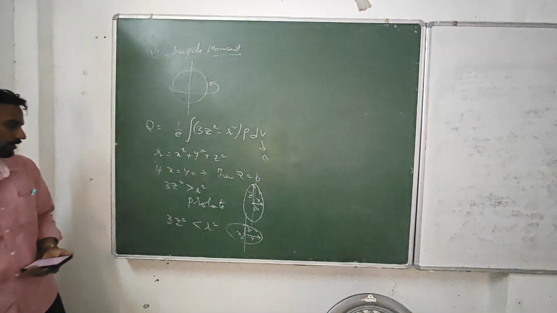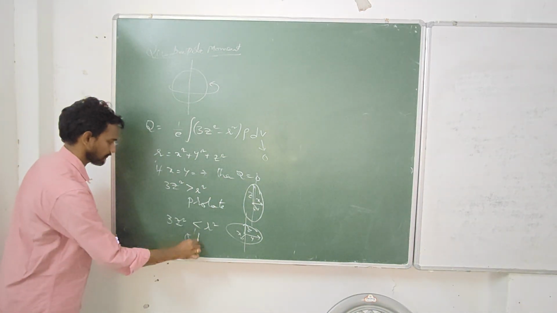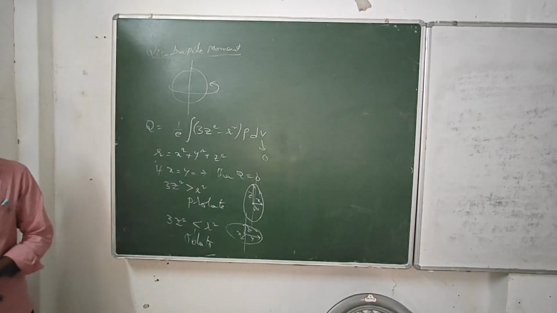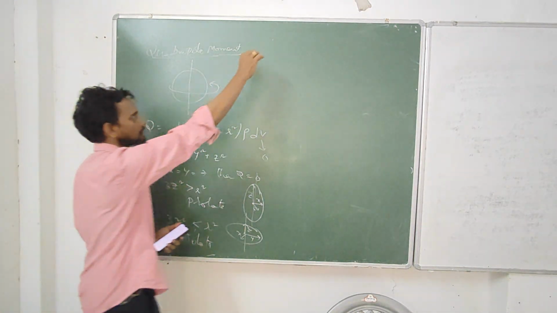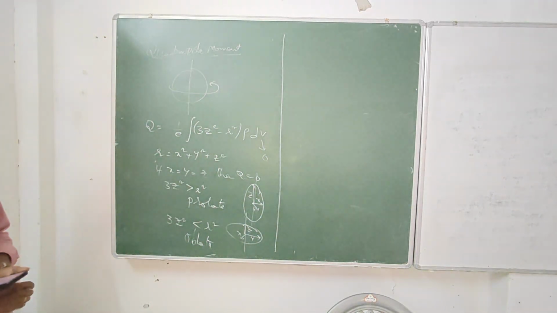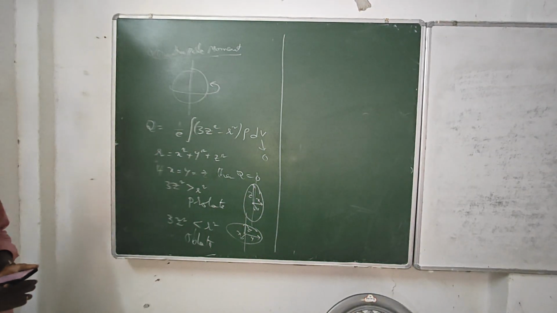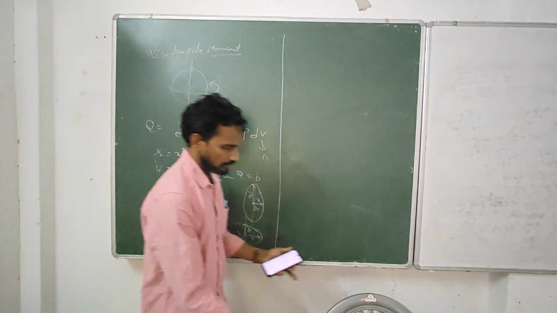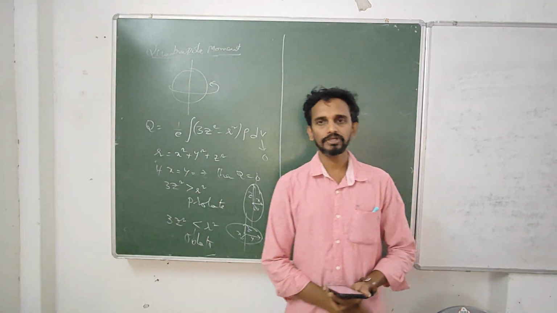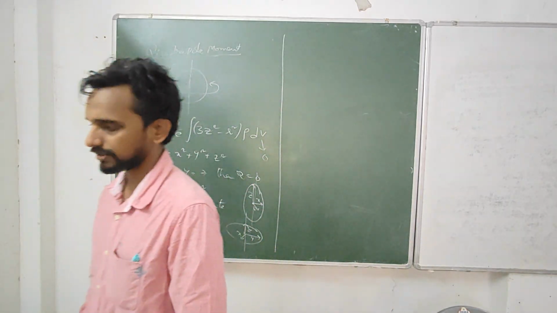So this is called oblate shape. So these things arise because of the uneven distribution of charges, even if they are even in number.